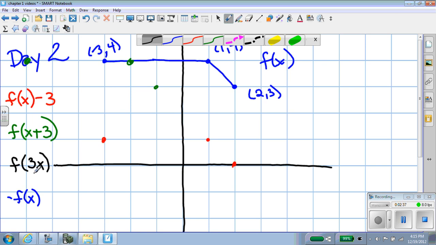So if this x coordinate is -3, 4, it's going to need to be at -1, 4. This x coordinate is 1, so it's going to have to be at 1/3, 4. This x coordinate is 2, so it's going to have to be at 2/3, 3.